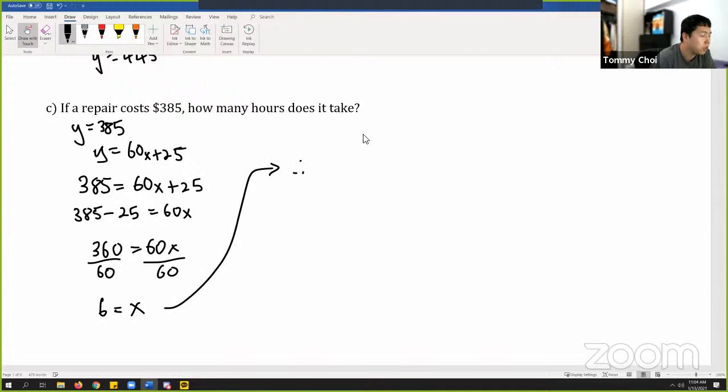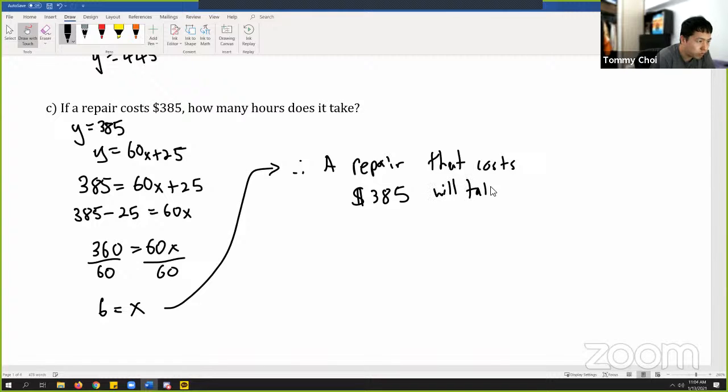So our final answer: therefore, a repair that costs $385 will take 6 hours. And there's our final answer for this one.